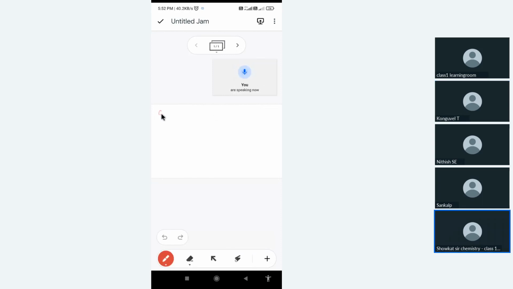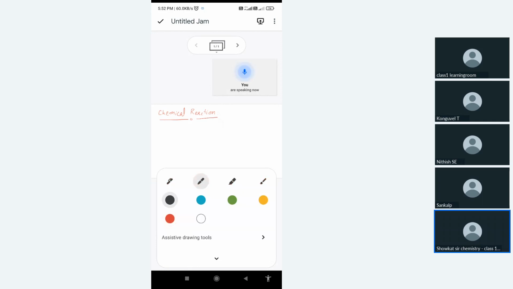So, chemical reactions. Can you define what is a chemical reaction? Any one of you?